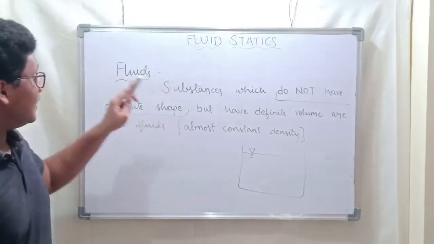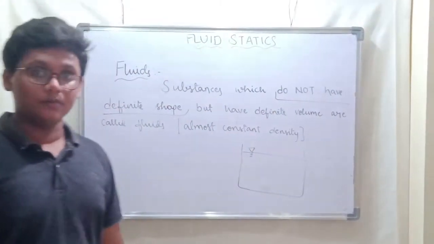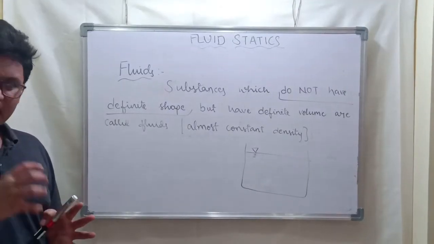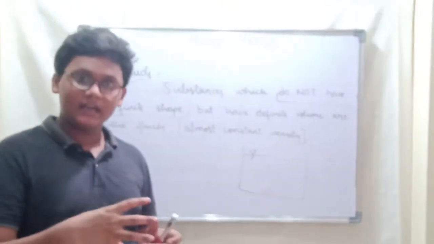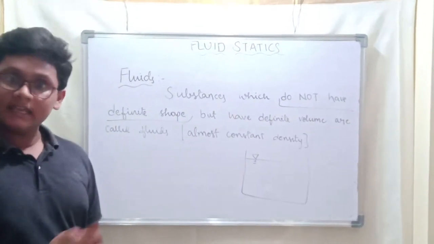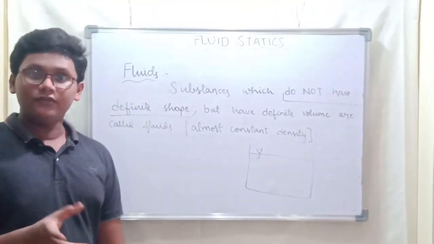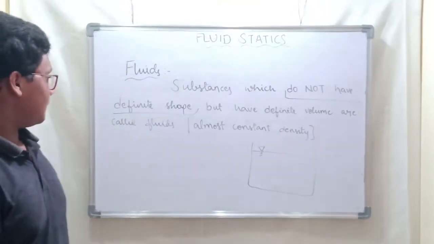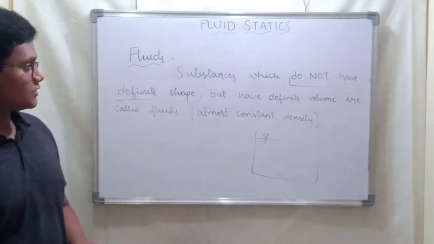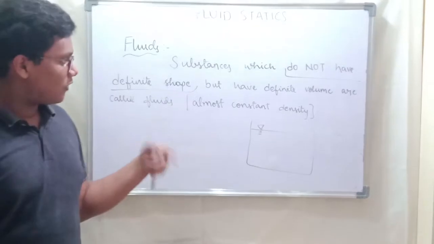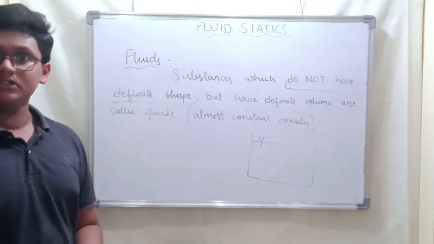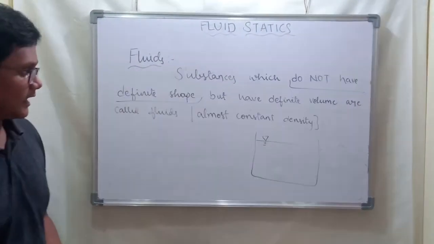So it doesn't have a definite shape but has a definite volume. If we take a certain volume of water, it won't change, even if we move it. Only if we take some water outside will the volume change. That is called fluids. Fluids have almost constant density; if we remove some water out of it, it has the same density. Density won't change.